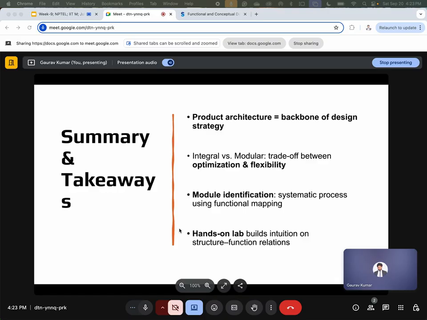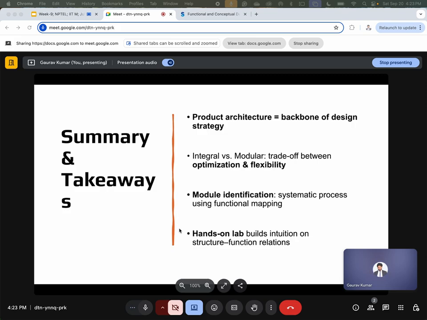The distinction between integral and modular architecture highlights a fundamental trade-off of optimization and compactness versus flexibility and adaptability. Understanding these trade-offs enables more informed design choices.